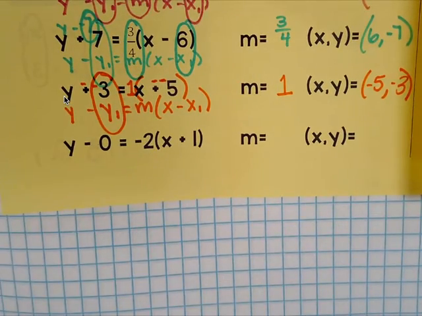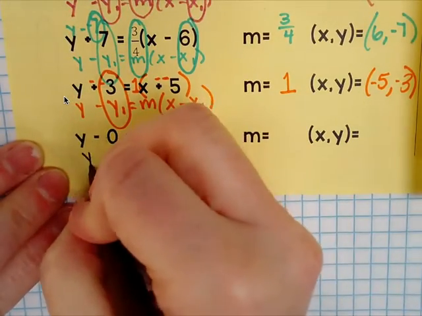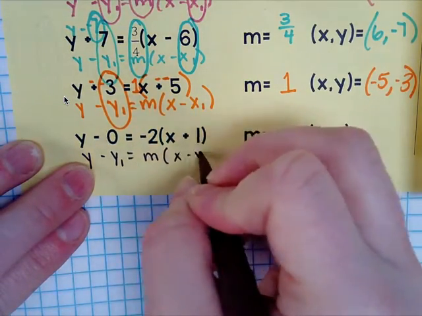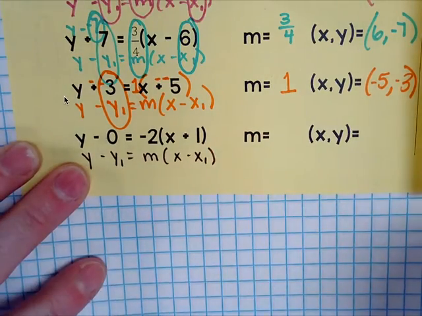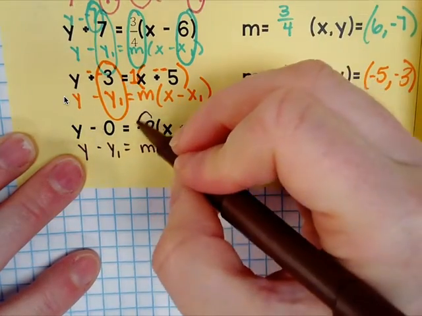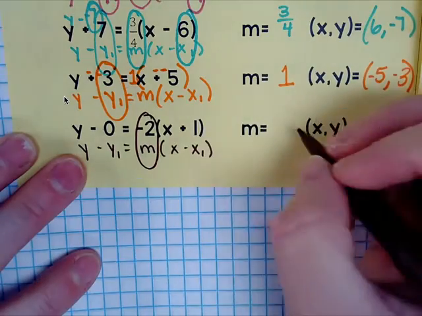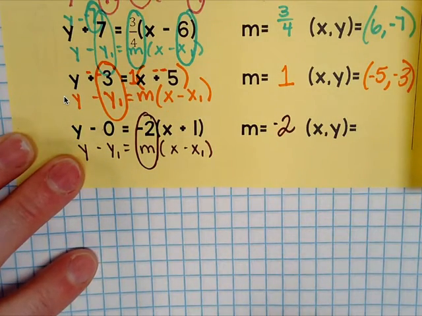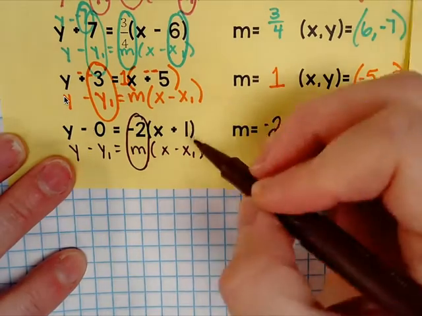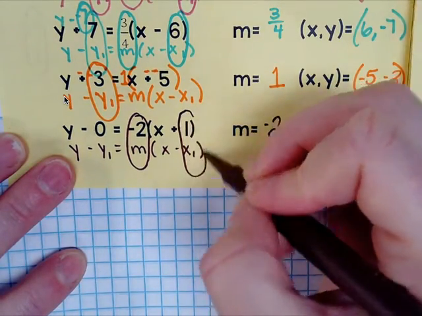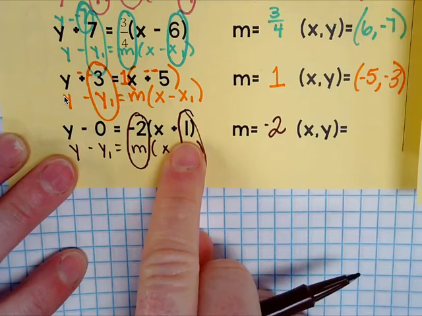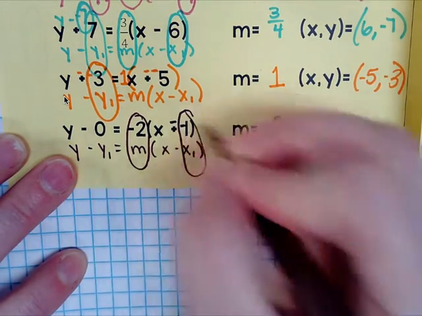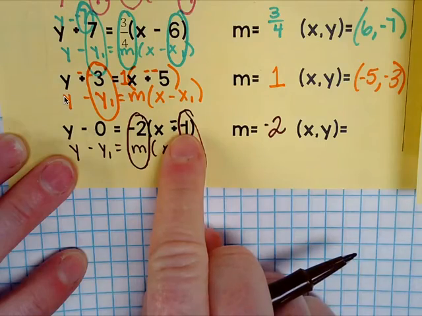Okay, the last one. Let's write our formula underneath. y minus y1 equals m times x minus x1. What is m? Negative 2. Then we need x1. How do we get this to be a plus 1? Yep, they would cancel, minus a negative.